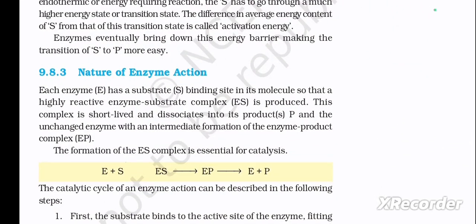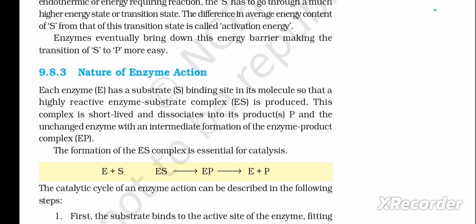Next is 9.8.3, nature of enzyme action. Each enzyme E has a substrate S binding site in its molecule so that a highly reactive enzyme substrate complex ES is produced.